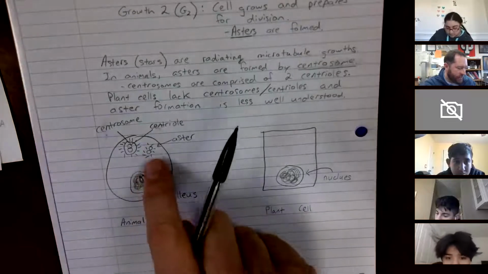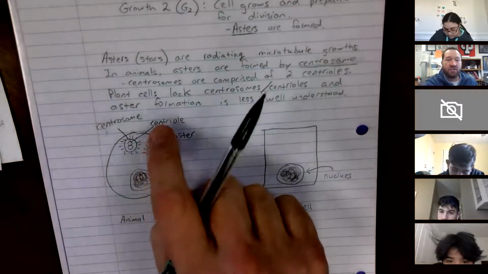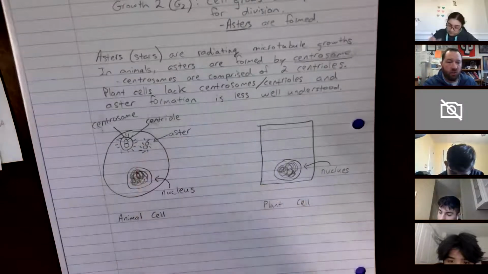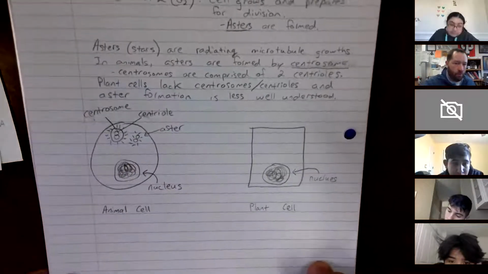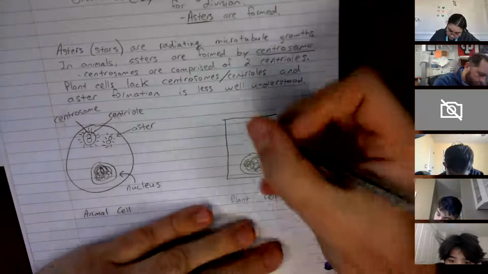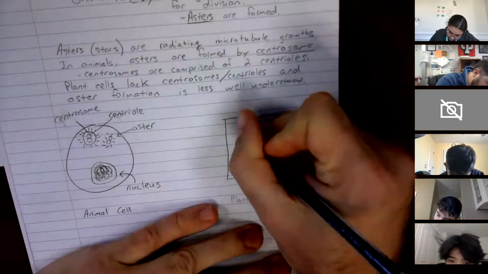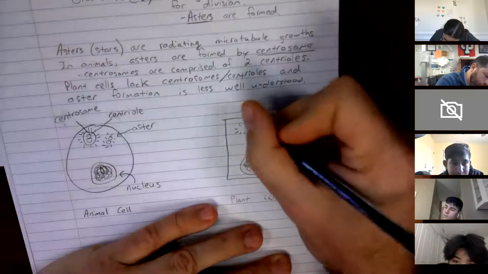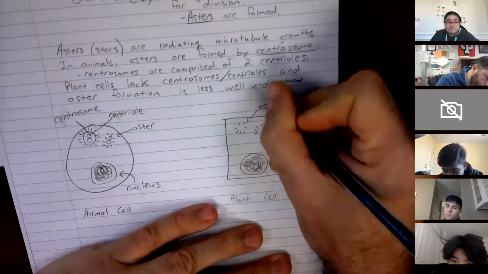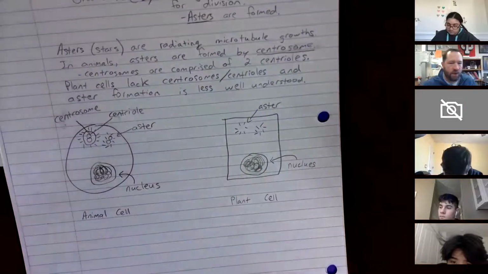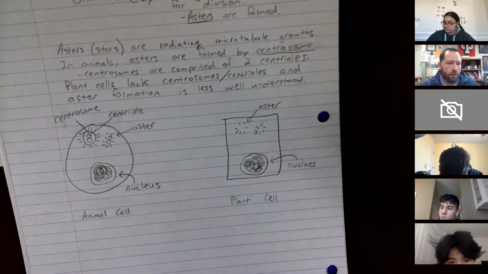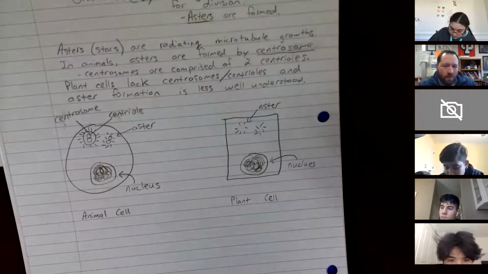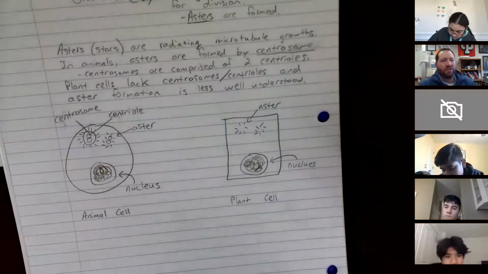All right, so in animal cells, it seems to us that the centrioles are forming those asters, pushing those microtubules out. Plants, though, they don't have centrioles. They don't have a centrosome. But they do have asters.